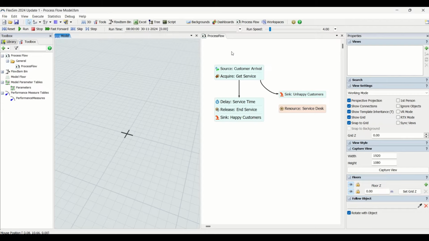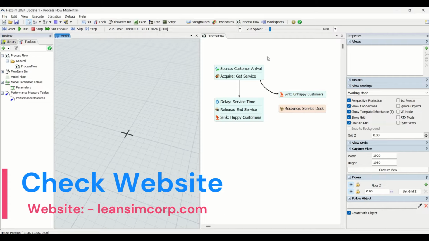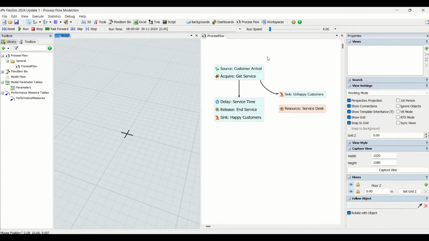And in this tutorial 4, we are going to understand how to create process flow charts. So basically we are going to understand how to do process flow analysis and how to get the statistics out of the process flow.